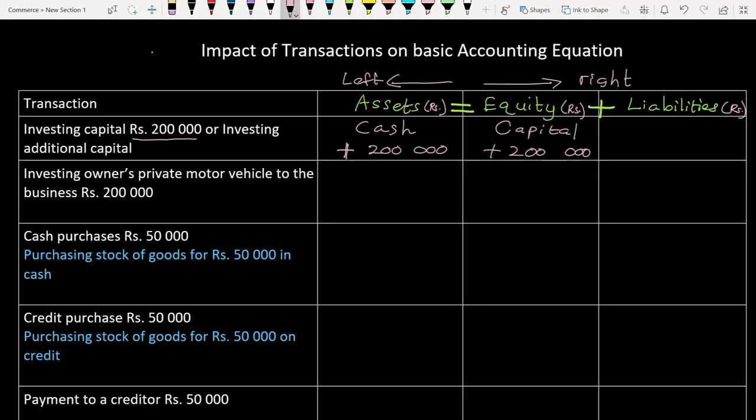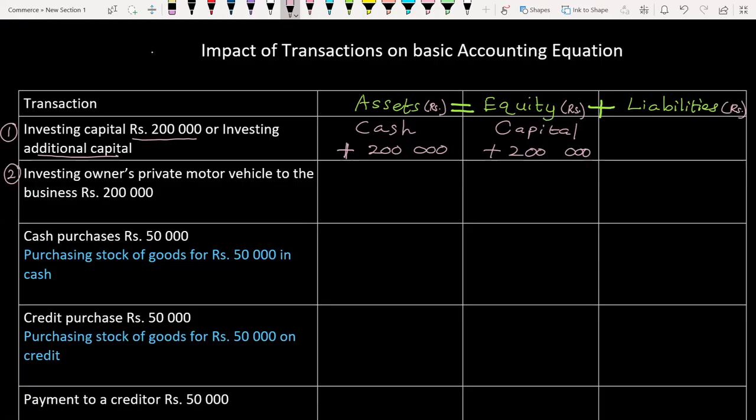Also on the right side, we have 200,000. So our accounting equation balances. Even if additional capital is invested, the same impact will happen. Assets increase as well as equity increases. Now this is our first transaction.